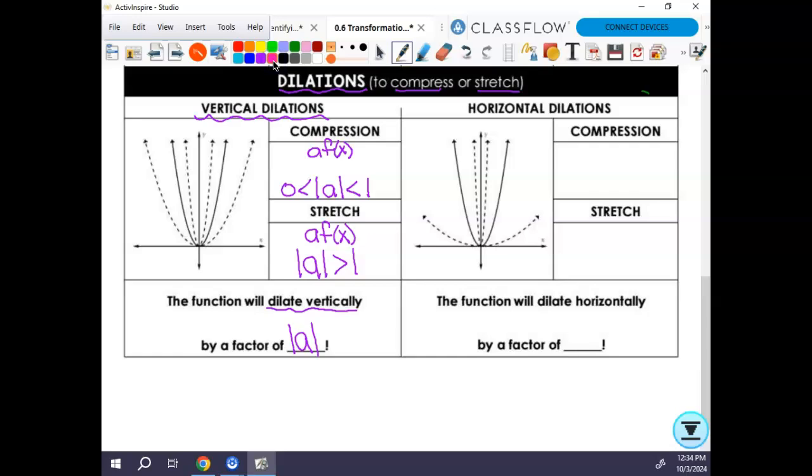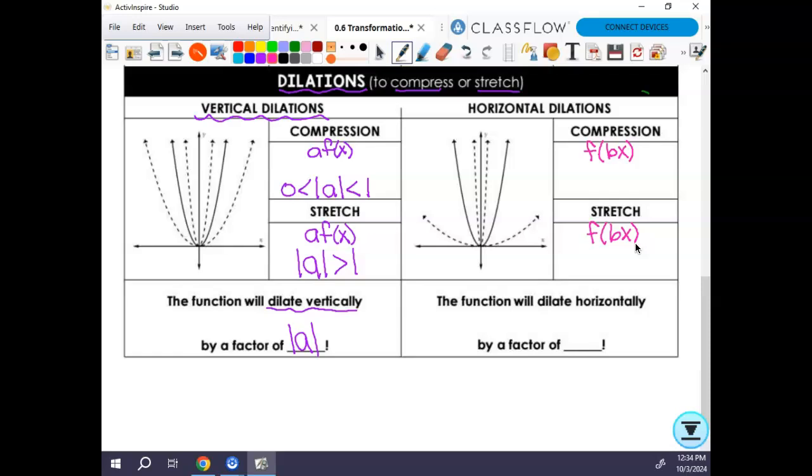Then we have horizontal dilations, which is going to affect x. So it would look like this, f of b times x. Okay, so it's in there with the x. F of b times x. Now remember, x is a liar.